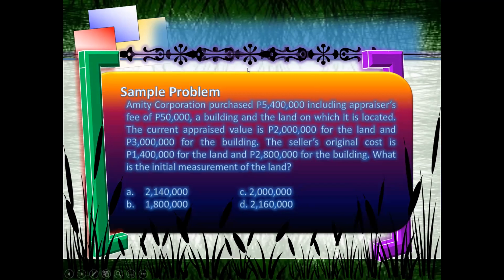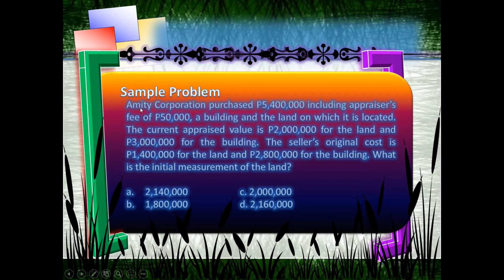So we have here the single price is 5.4 million. Okay? So, just take note of this one. So, sabi niya, 5.4 million ang basket price or ang lump sum price. And that 5.4 million, that includes appraiser's fee of 50,000.